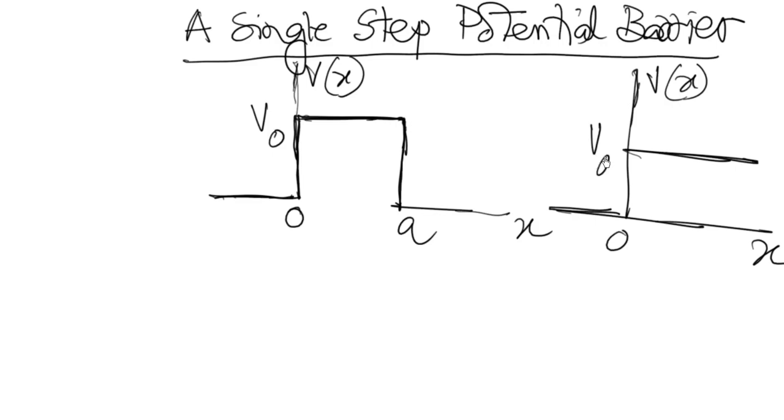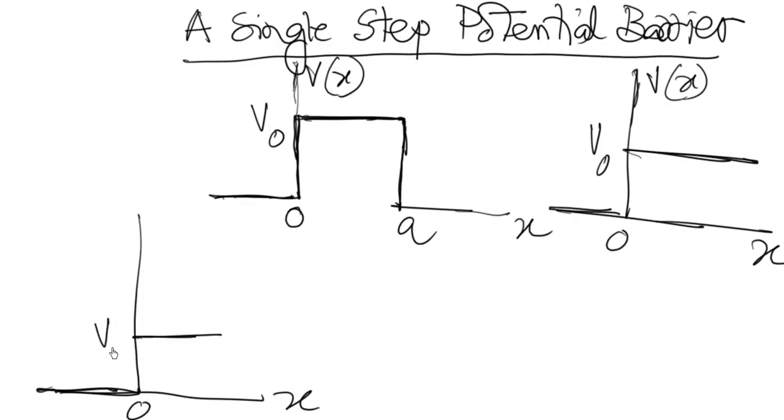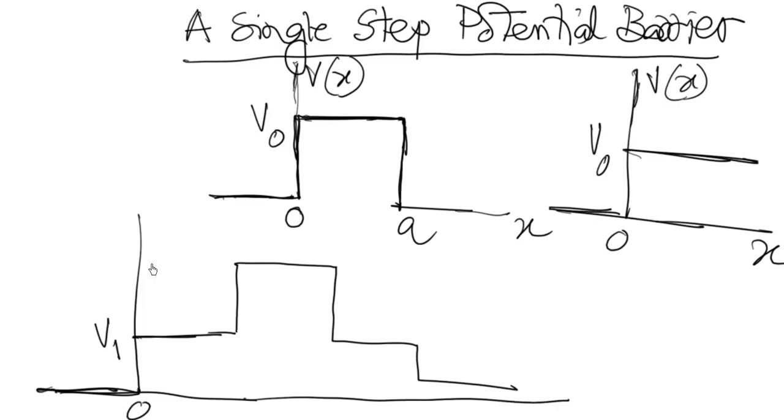You can have different types of potential barrier. Say you have 0 here potential energy, and then this, say V1, and then this is say V2, and here V3.